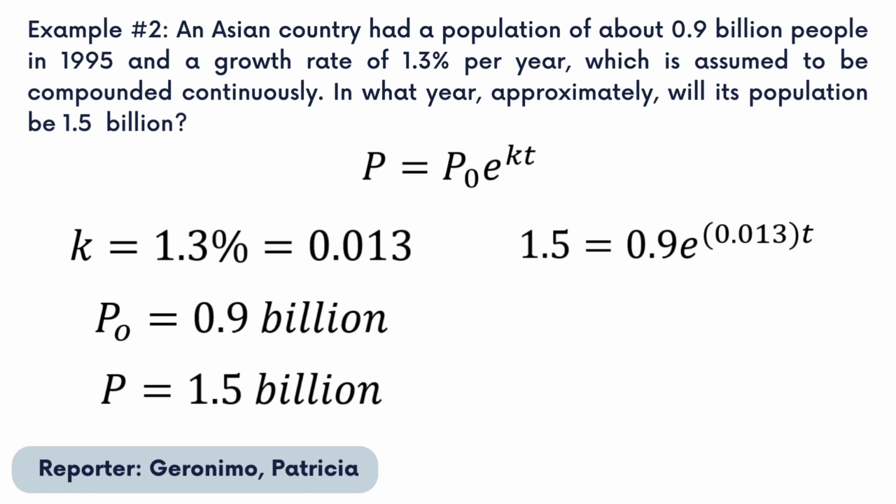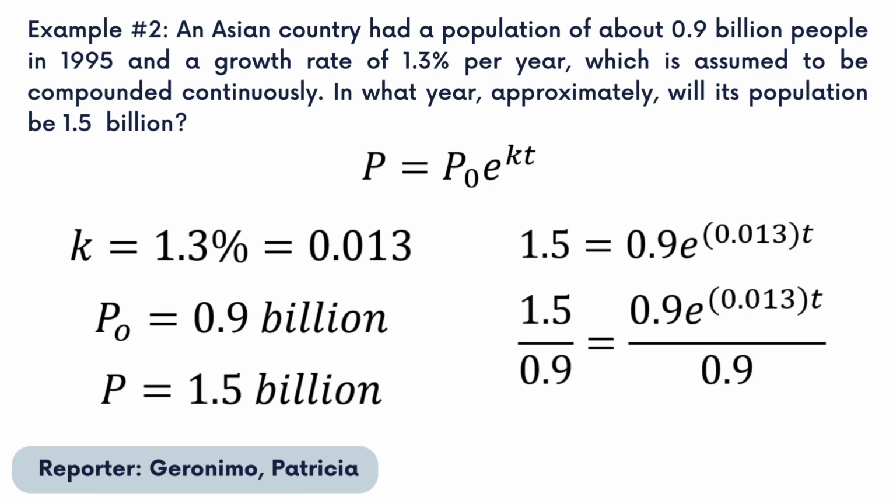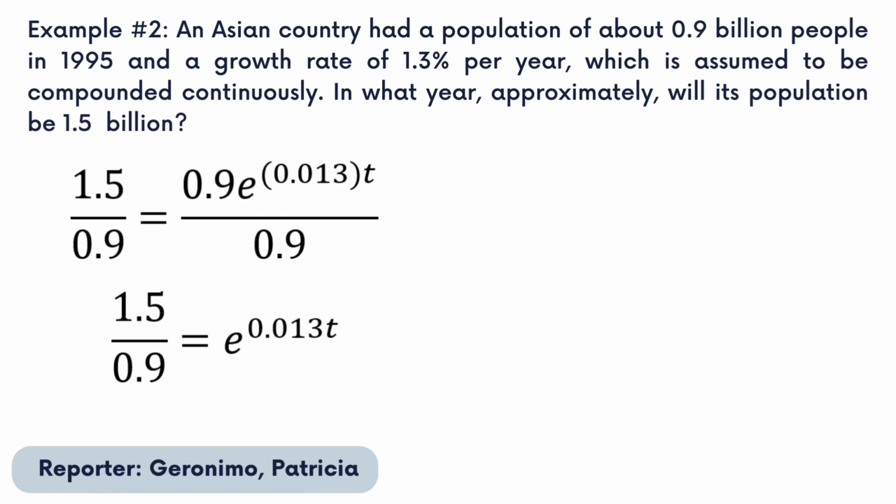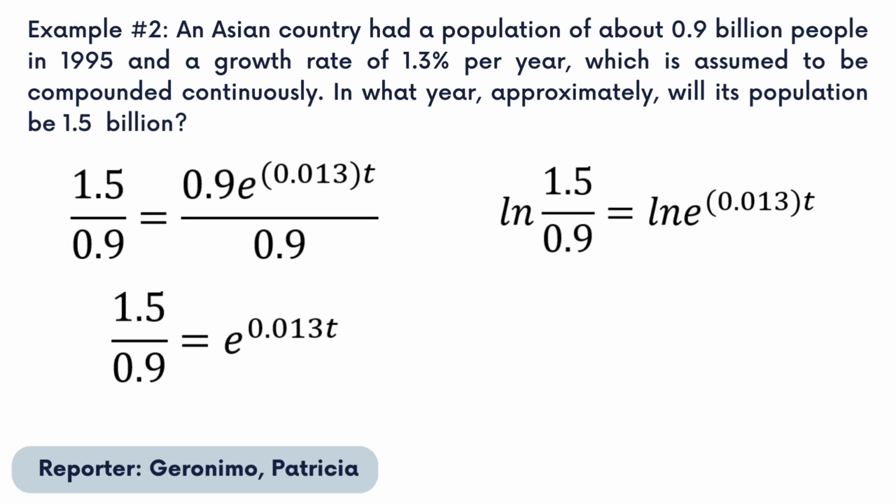We need to get the time or T, so let's divide both sides by 0.9 to cancel out the 0.9 on the right side. So our equation now is 1.5 over 0.9 is equal to e raised to 0.013 multiplied by T. And next step is get the ln of both sides.